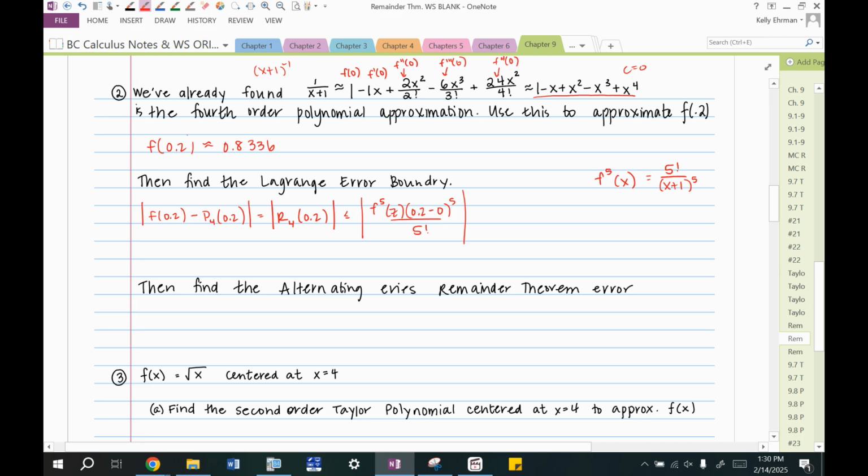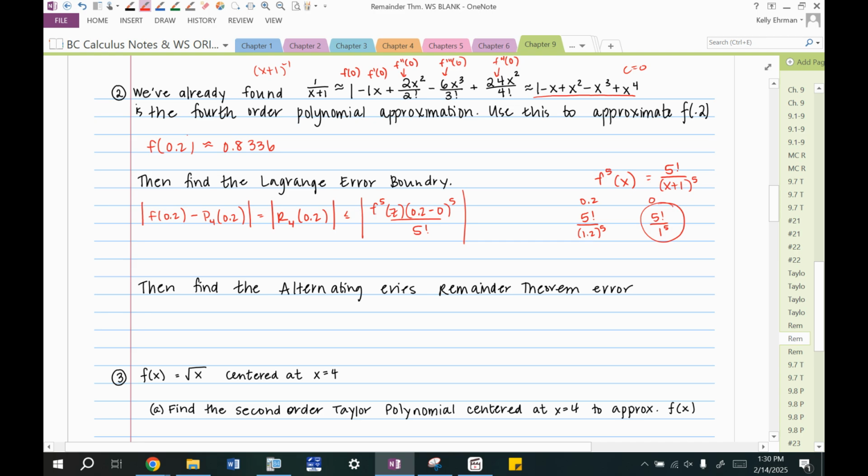But this is the formula for the fifth derivative. And then what are the options? The options are either plug in 0.2 or plug in 0. So in one case, you have 5 factorial over 1.2 to the fifth. And in the other case, you have 5 factorial over 1 to the fifth. And this is bigger because you're not dividing it by 1.2 to the fifth.